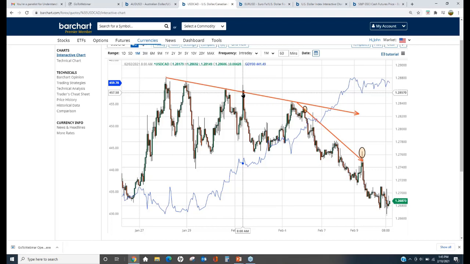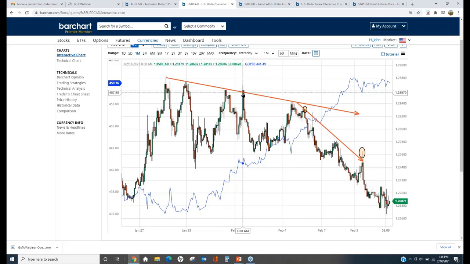So that brings me to another discussion about Forex, and that is that there are some currencies that are defined as what we call commodity currencies. And these are currencies whose economies are derived around commodities or real goods.